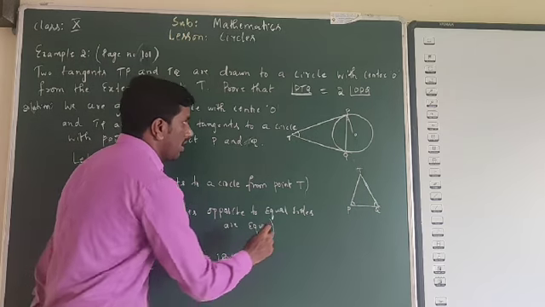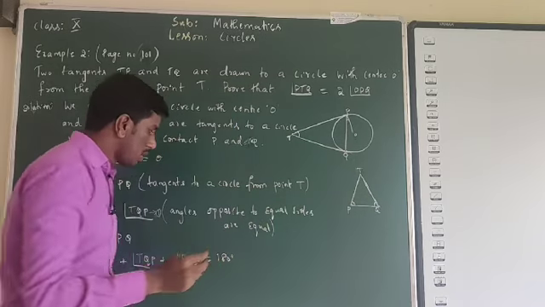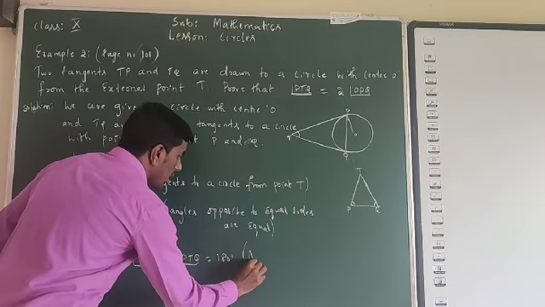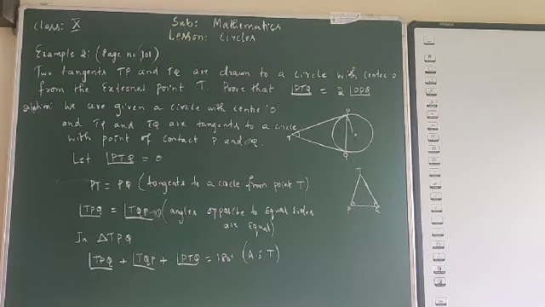Sum of all the interior angles, this and this and this. These three angles, sum of these three angles must be 180 degrees. The reason is the angle sum property of a triangle.